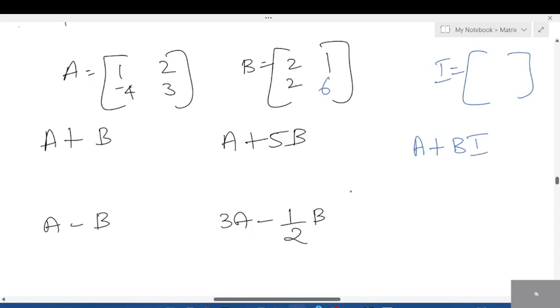Complete, students. 5 questions. Complete this. Then I'll discuss the last type of question. Complete it. Yeah, keep solving. I'll be back.